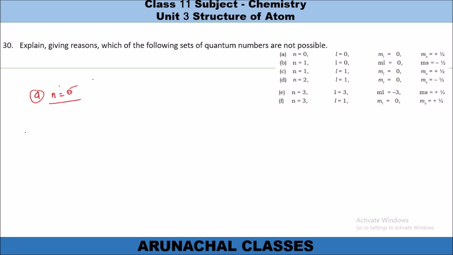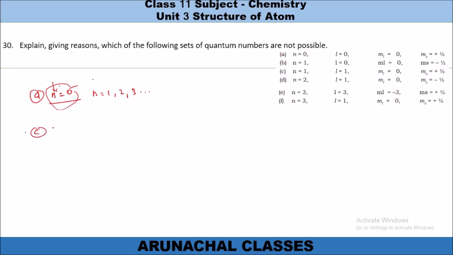It is indicating basically a principal quantum number. Possible values of n are 1, 2, 3. n value used to be 1, either 2, either 3, but it is not like that here. So this case is not possible.